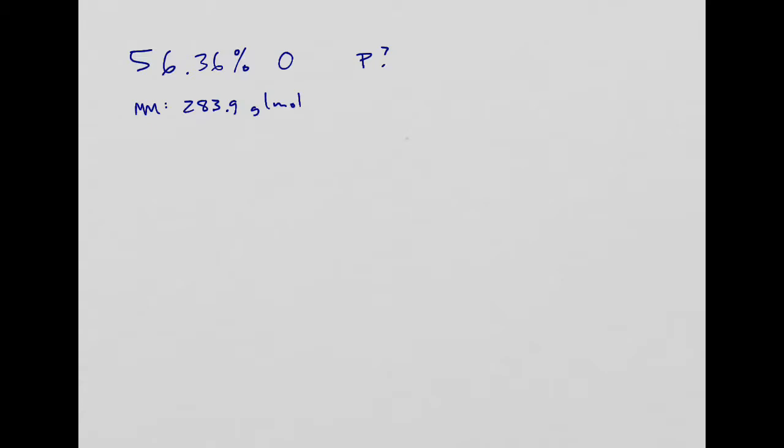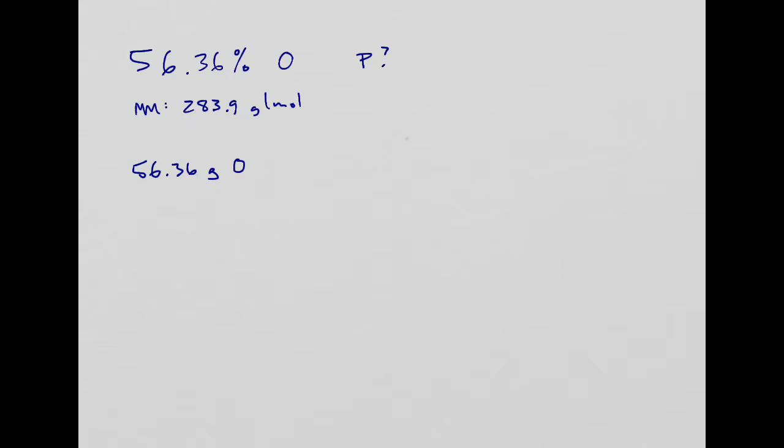Now, just like I told you before, when you're determining the empirical formula, you can take the percentage and just change that into grams. So in other words, we have 56.36 grams of oxygen if we were to have 100 grams of this compound.